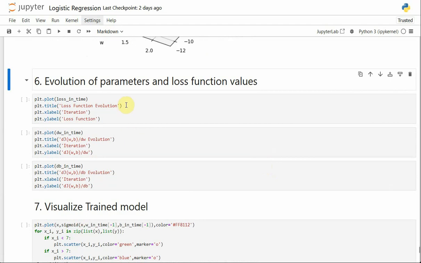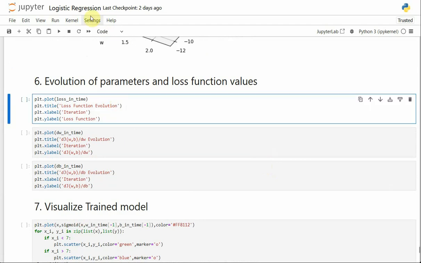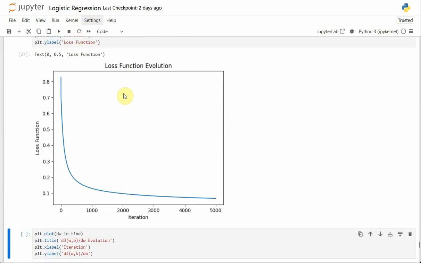Now let's have a look at the evolution of the cost function or loss function in time. We see that the loss function is decaying in time and approaching zero, and it decreases in a uniform and homogeneous manner.